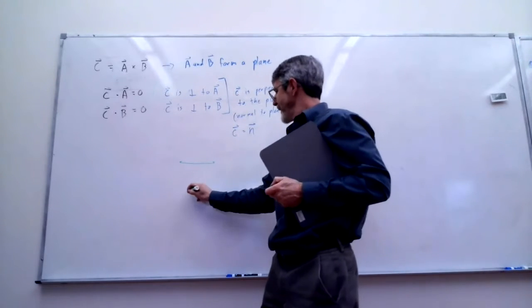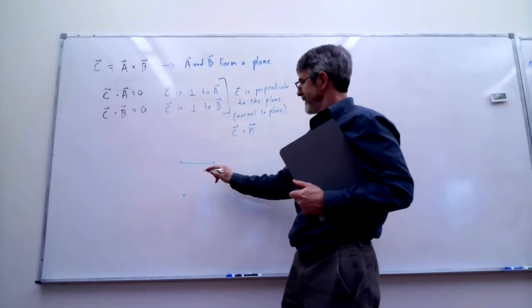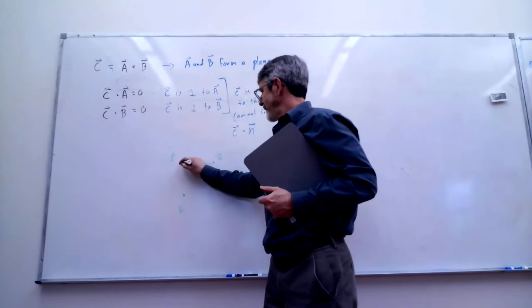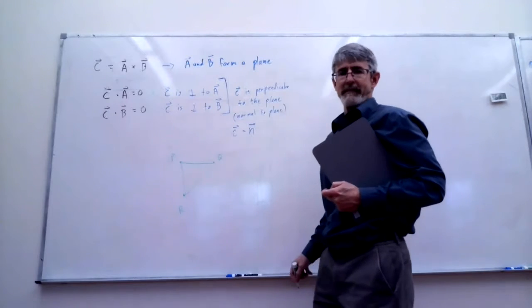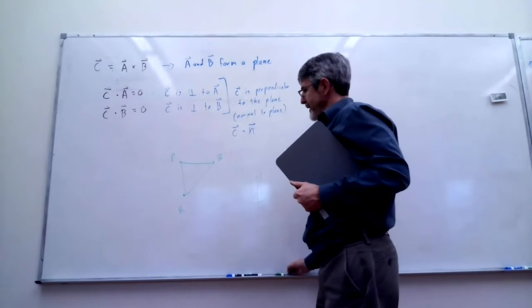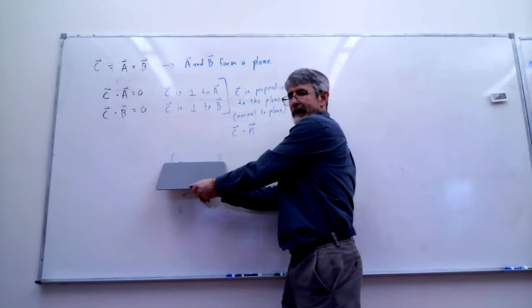Okay. So if I have a third point and I put it down here, there is only one plane that contains P, Q, and R. Okay. Only one plane. I've drawn them in the plane of the board. But if I move R out here, it would be P, Q, and R like that.